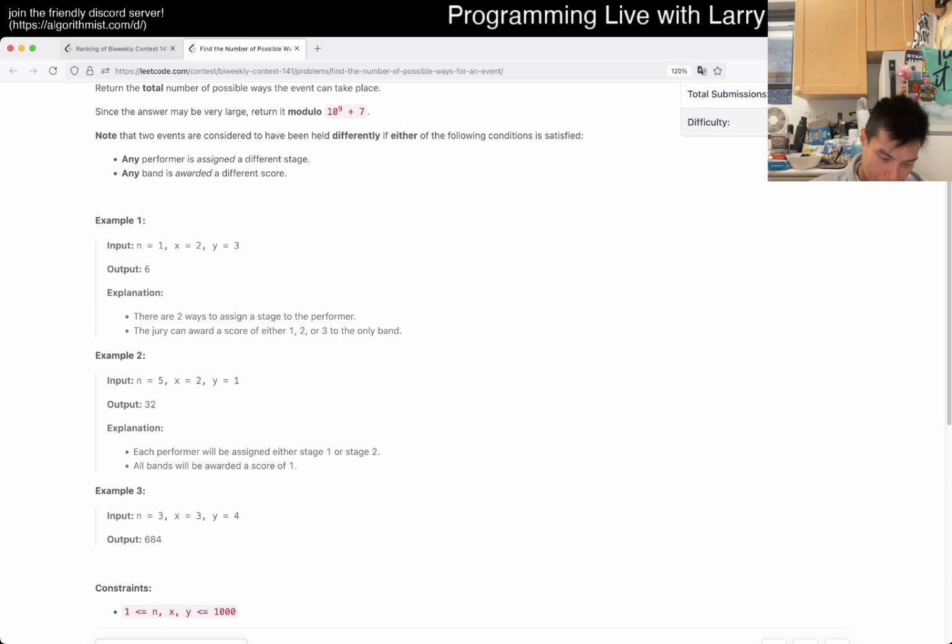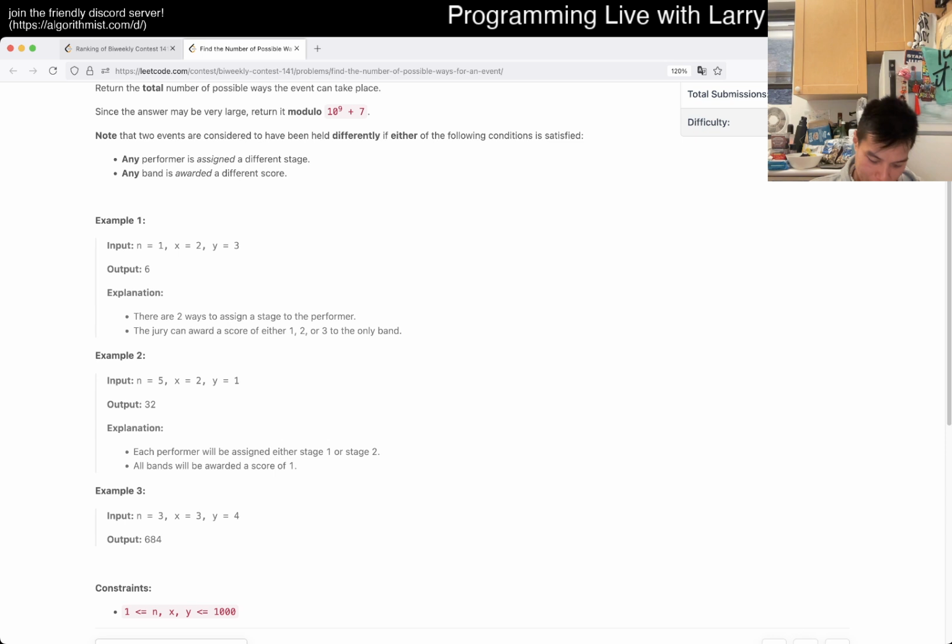And then, oh, but it's not 3 to the n because every person has, or each stage has to be in one of them. You pick 3 of these people to put it into there.